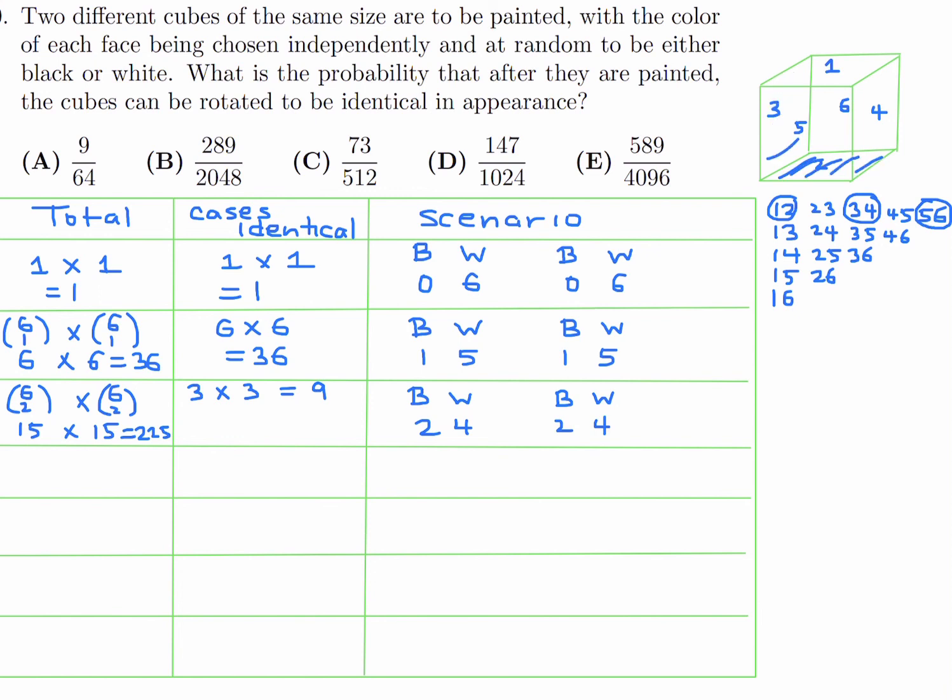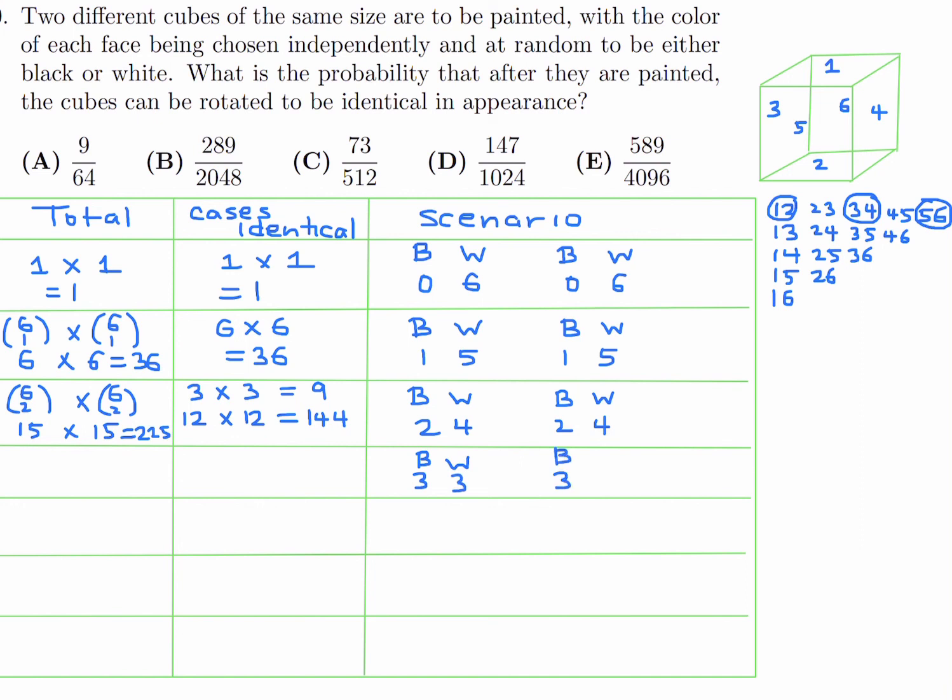So adjacent ones can definitely also be rotated to look the same. So there's 12 of those. So from those 12, I can match 12 from the other set of 15 to make them look identical via rotation. So this is going to be 144.